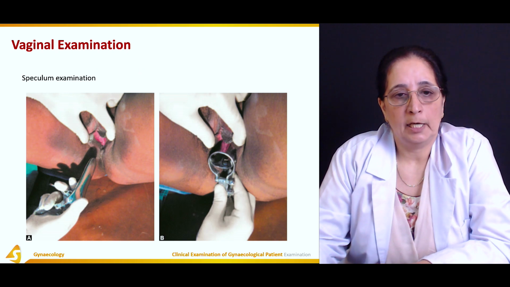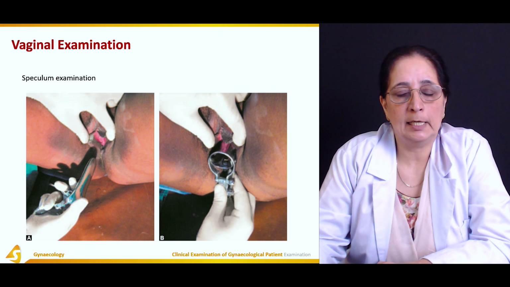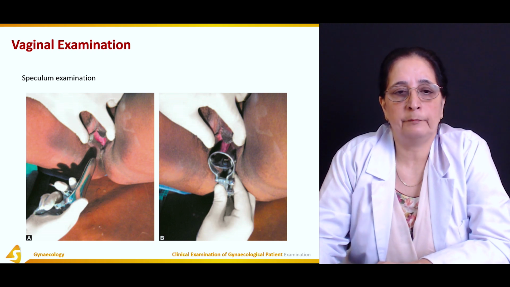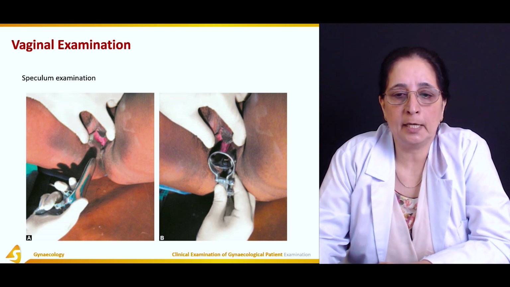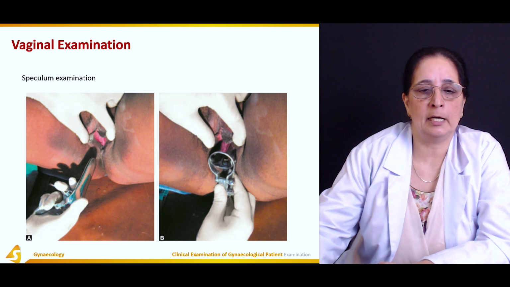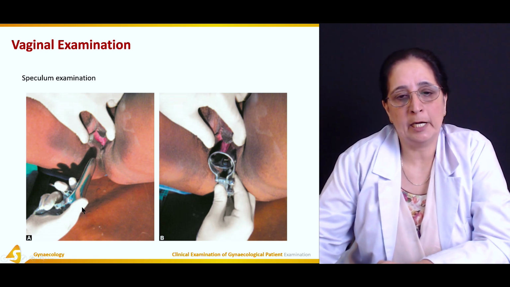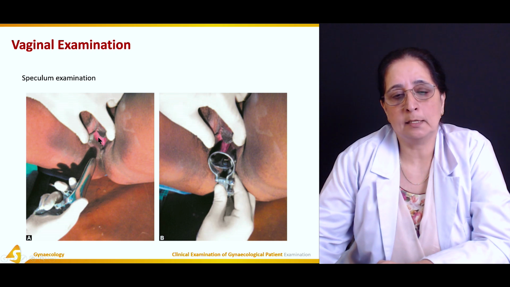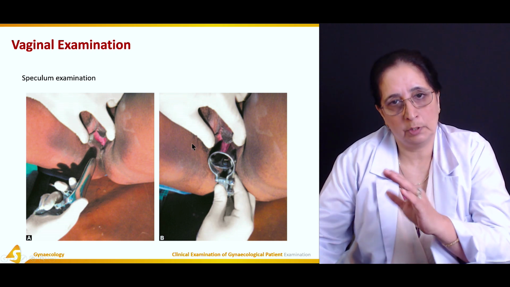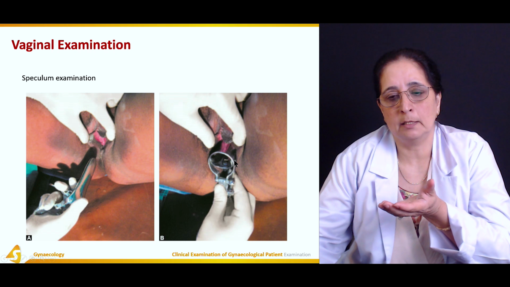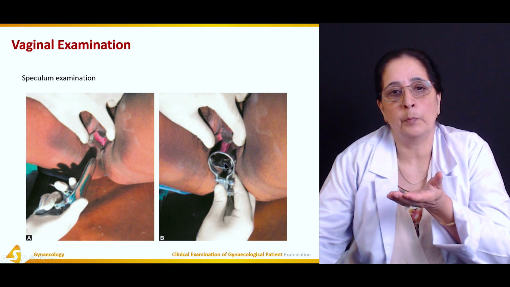This is the vaginal speculum. The best way to insert the vaginal speculum is first to lubricate it and insert it sideways. Always go sideways. Once you enter, then you turn it and then open it.